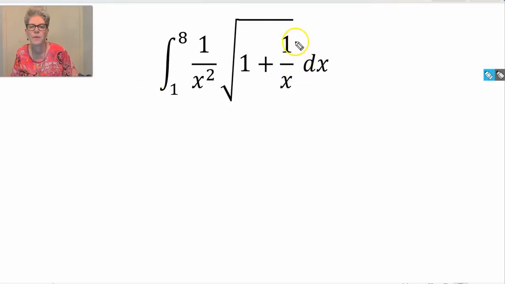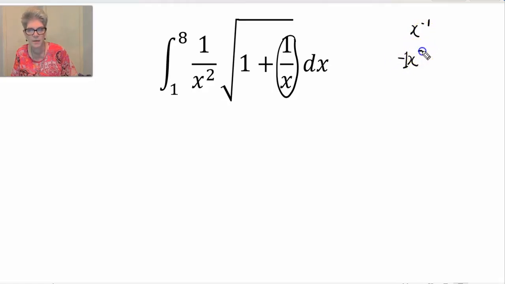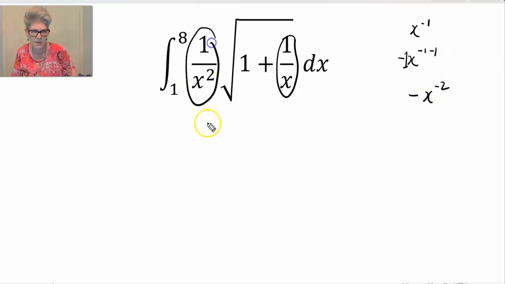Well, when I see that, that's the same as that, yeah? And if I take the derivative of that, it's going to be minus 1 times x to the power of negative 1 minus 1, or that. And see, this right here is that.